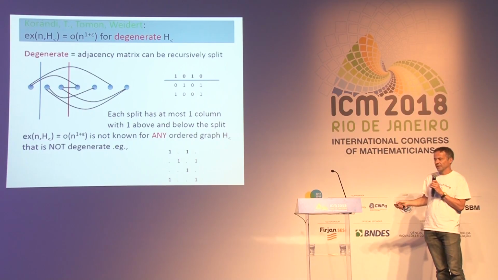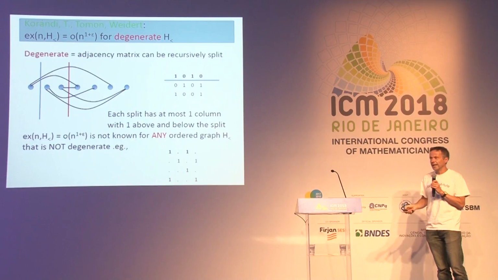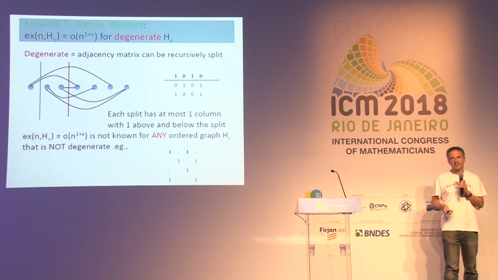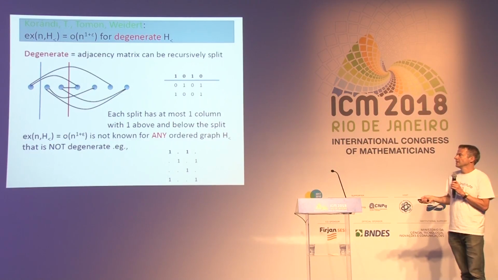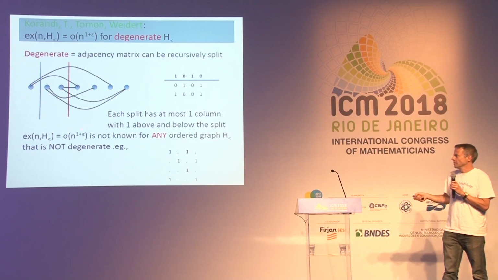So this is the adjacency matrix of an 8 vertex ordered bipartite tree, which is actually a path, for which we don't know this bound.